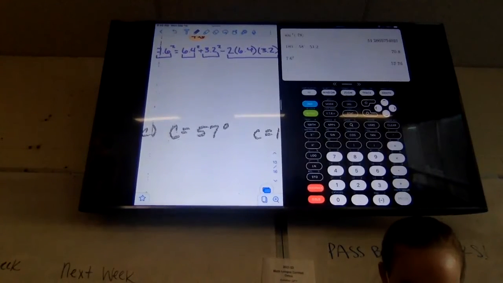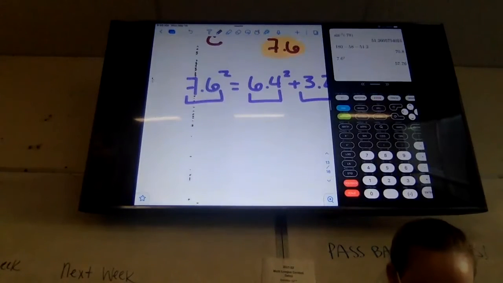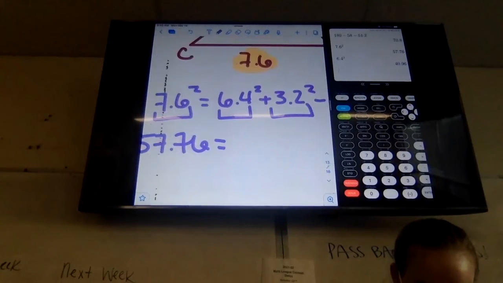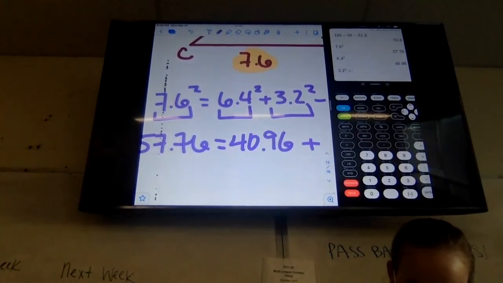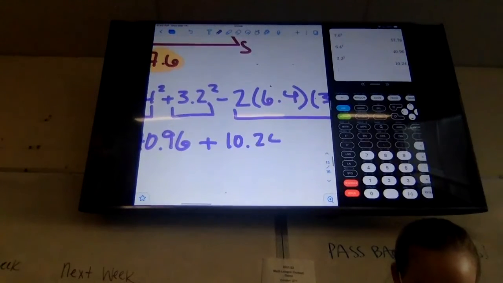7.6 squared is 57.76. 6.4 squared becomes 40.96. 3.2 squared is 10.24.